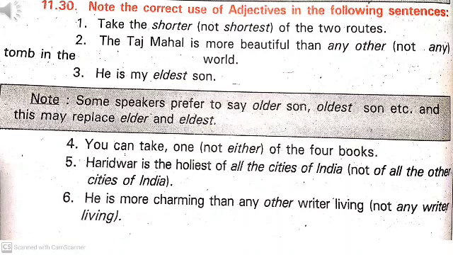Use of only any is wrong, because that would mean that the Taj is more beautiful than the Taj itself. Means to say, the meaning will be different. He is my eldest son. Here the use of the is not required.